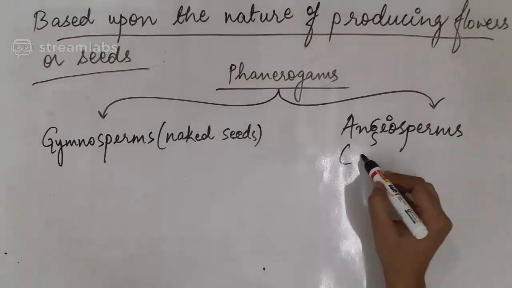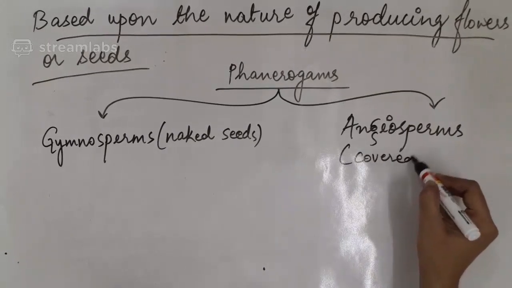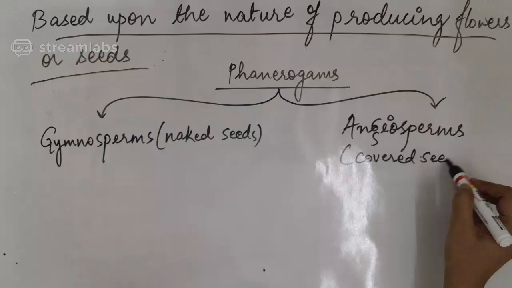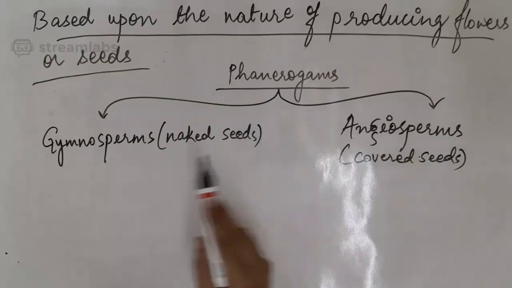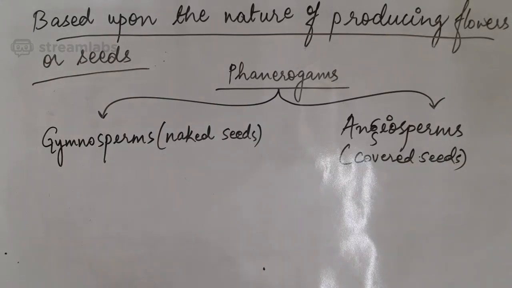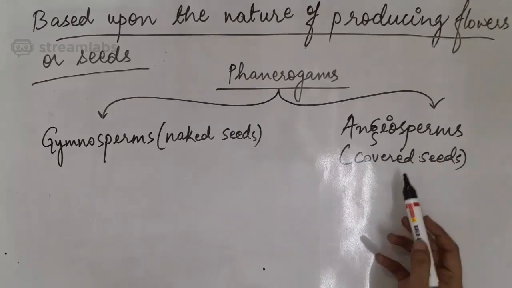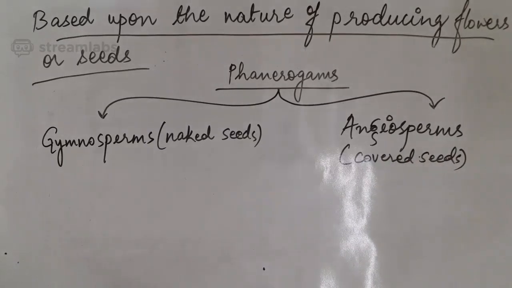Angiosperms are covered seeds. These are the plants which are having seeds but covered and uncovered. Gymnosperms uncovered or naked, angiosperms covered or having the cover on it.